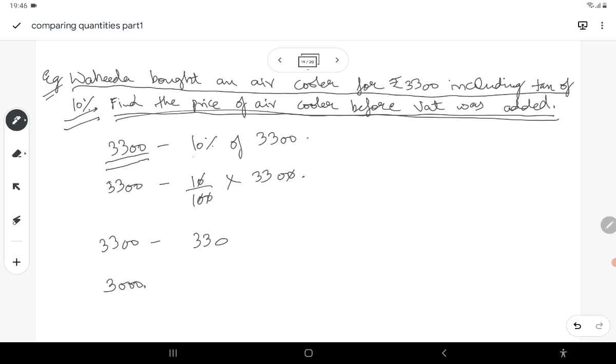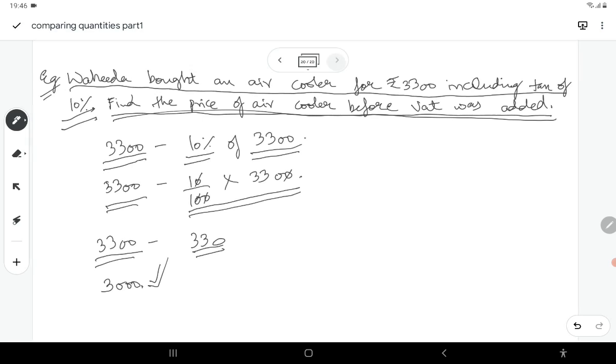So 3300 minus 10% of 3300 would give us the price before VAT was added. So 3300 minus 10 divided by 100 into 3300, which gives us 3300 minus 330. So the price of the air cooler before VAT was added would be 3000 rupees.